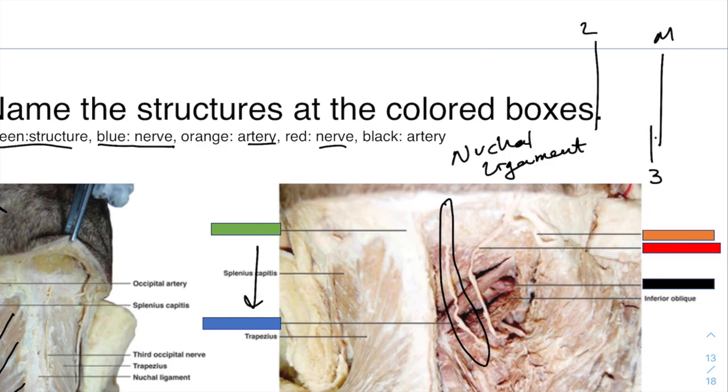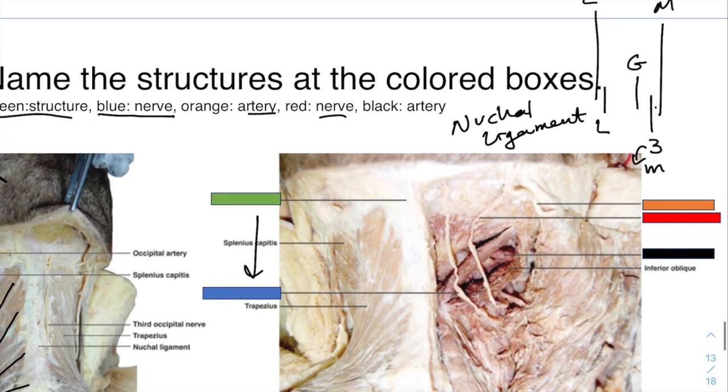The first one is the third, because remember, if I turn this, it becomes an M, so that's my way of remembering it's the middle. Next to that is the greater, which I'm marking with a G, and way further laterally is the lesser. So remembering those, what do you think that nerve in blue is going to be?